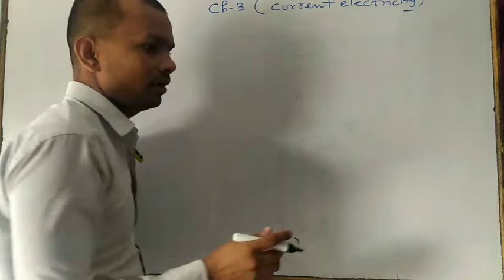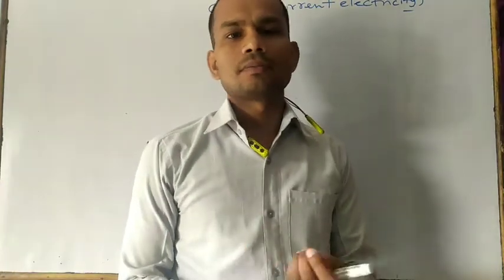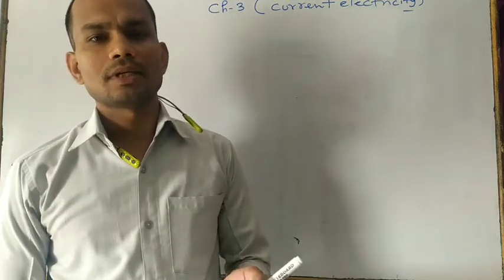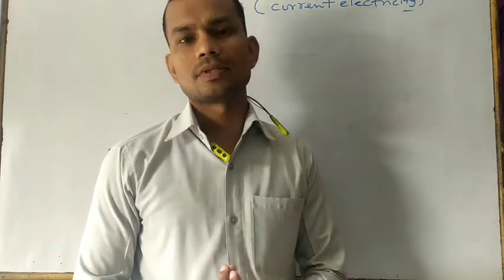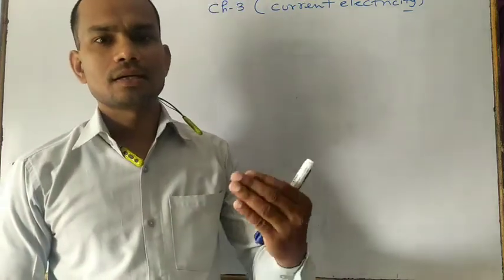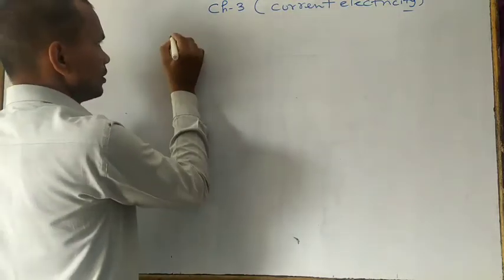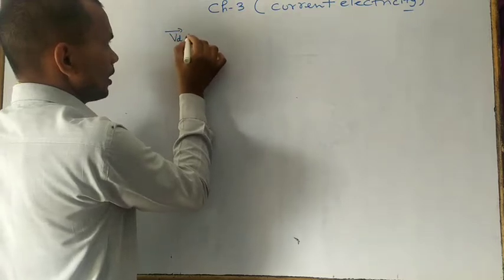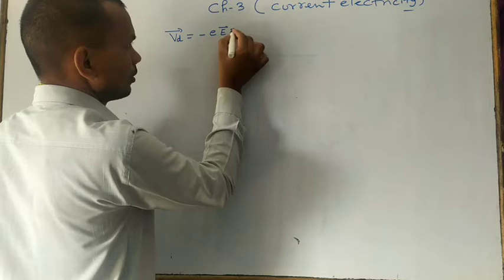In the first class we discussed drift velocity, relaxation time, and then the relation between drift velocity and relaxation time, and the relationship between electric current and drift velocity. Suppose this is Vd, the drift velocity, equal to minus E tau by m, where E is the electric field vector.